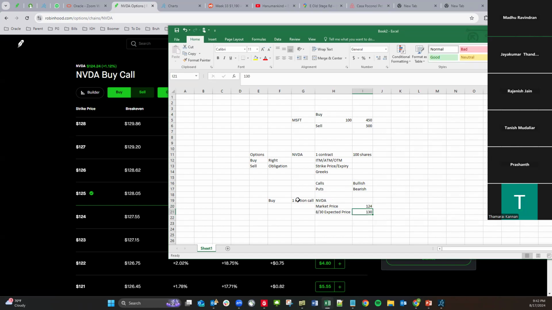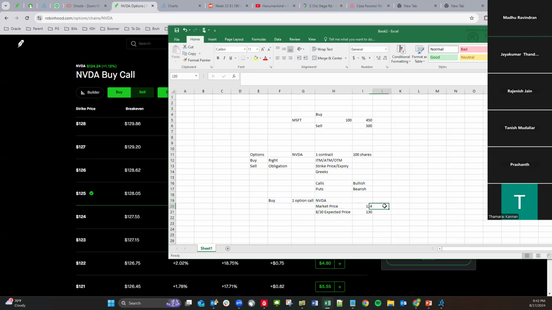As of today, with this bullish expectation, I will buy one call option for NVIDIA. When I'm buying, it is a right that I can buy at a share price of 130 on 8/30.